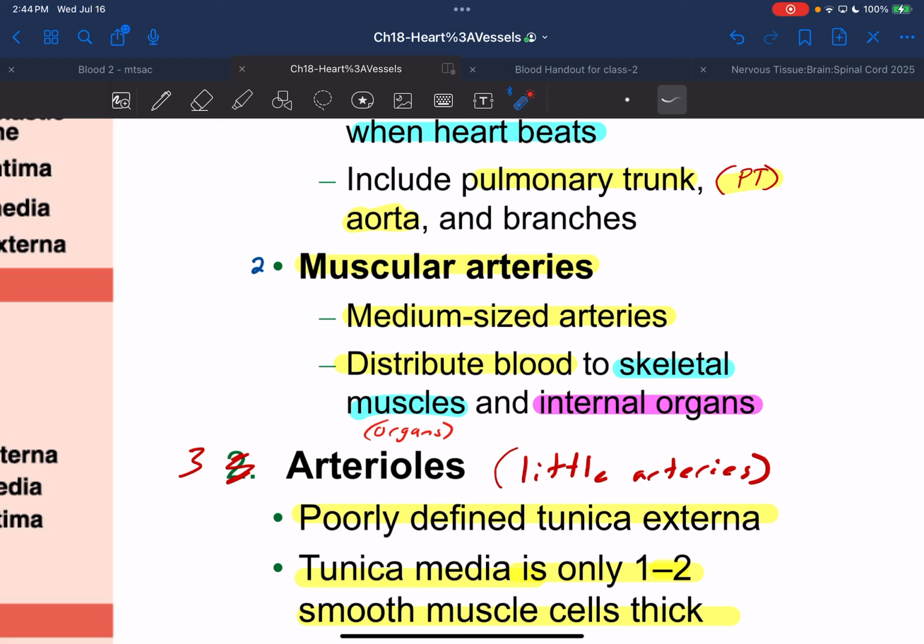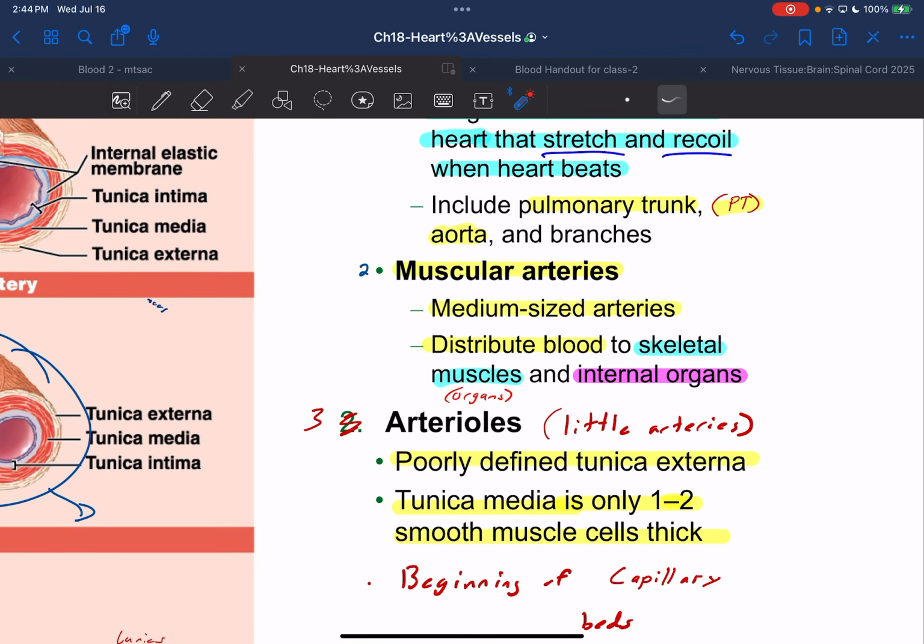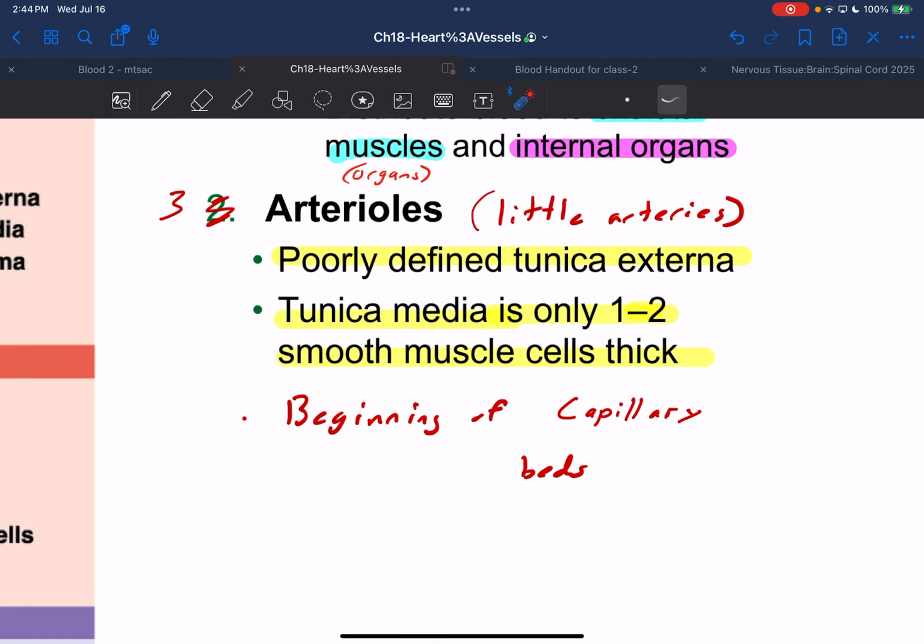We haven't learned this yet. We learn this next week. So for now, just skeletal muscles will be okay. And don't forget that at the end of the day, skeletal muscles are organs. And so these arteries deliver blood to all the organs of the body. That would have been a better term for these arteries, organ arteries or something. But it's okay.